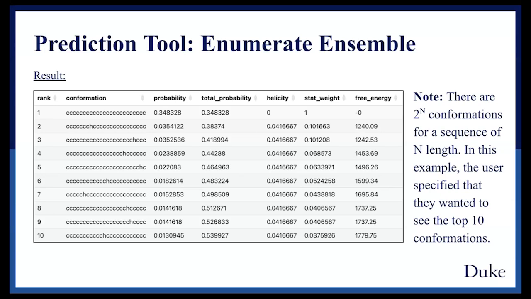And instead of forcing the model to return the maximum possible number of configurations every single time, which would take up a lot of memory and runtime on the back end, the user is allowed to specify the number of configurations they want to see. Along with each configuration, the engine also outputs information such as average helicity, statistical weight, and free energy.